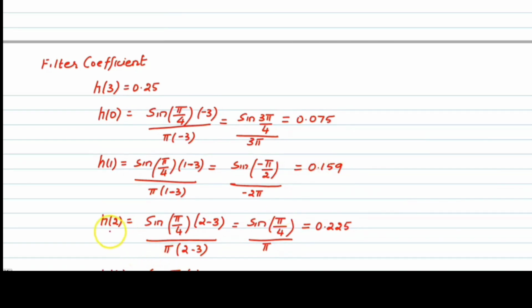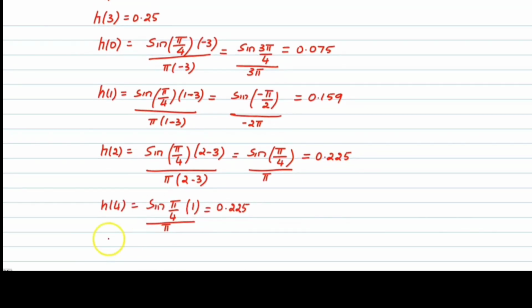If I substitute h of 2, you will get 0.225. Next, for h of 4, you will get 0.225. Next, h of 5, sin pi by 4 into 2 divided by 2 pi. So if you solve, you will get 0.159. So let me solve it with the help of calculator.